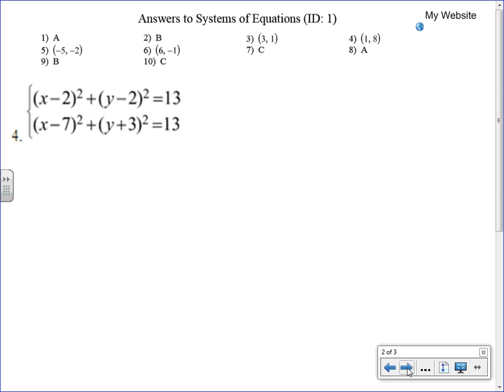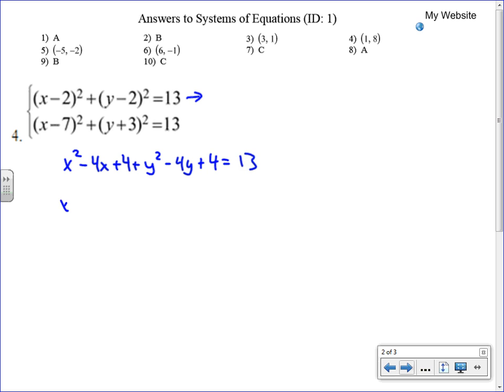Okay, what is this object? First of all, make sure we got that part down. What is number 1? It's a circle. Number 1 is a circle. Okay, so you take this equation right here, x squared minus 4x plus 4, y squared minus 4y plus 4 equals 13.